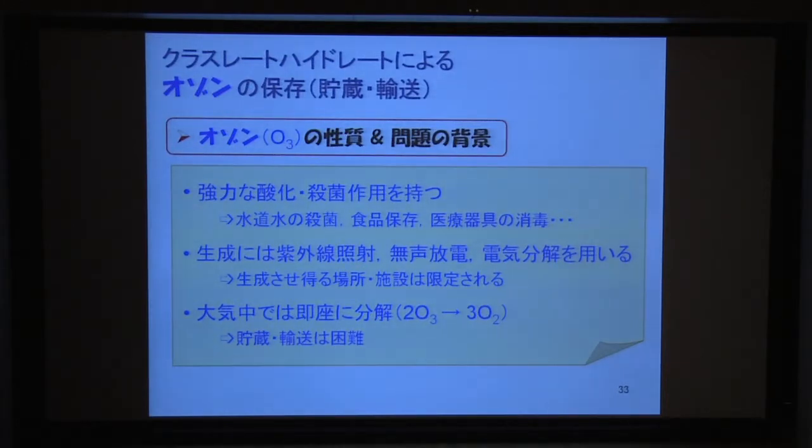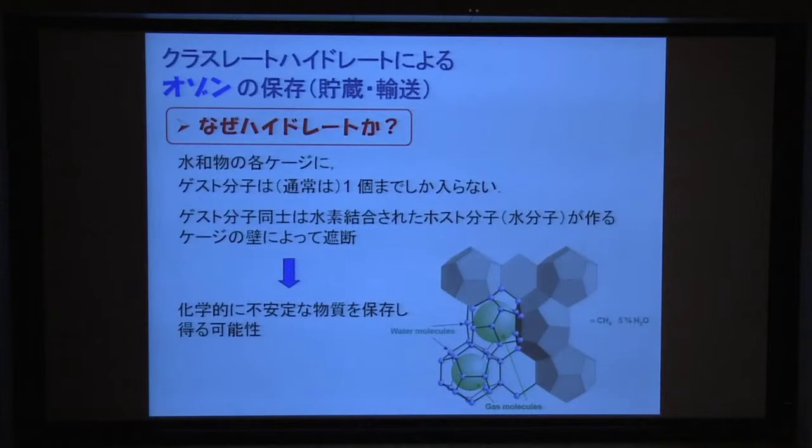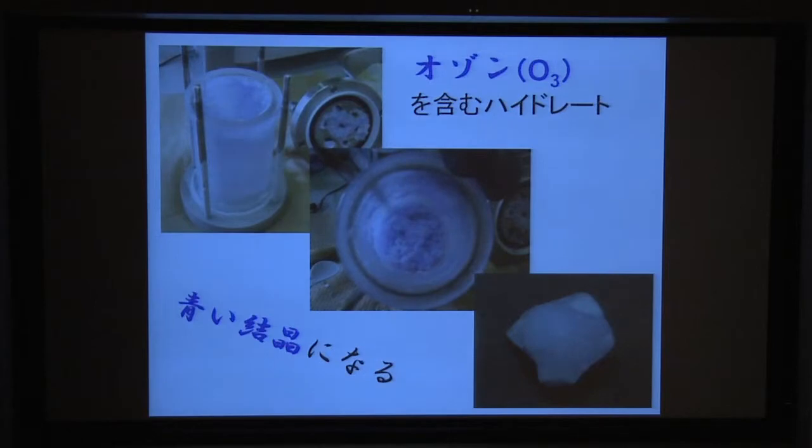So we have to form it in a facility where they have these functions and to be used at the site. However, this ozone molecule, even though it says methane, instead of this, we would like to put this on O2, so that each molecule has been separated, so it would not be reacting with each other.